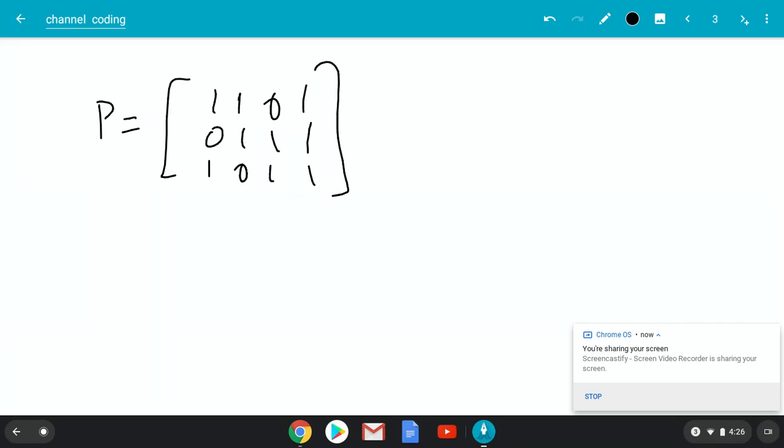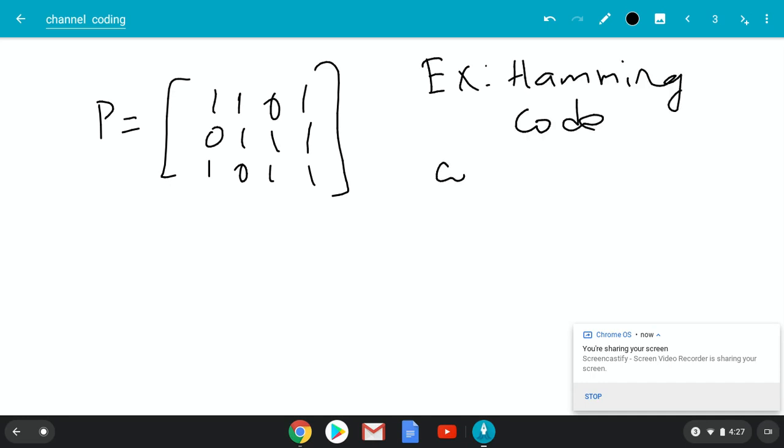Okay, so this is the parity generating matrix. And then we're doing an example for Hamming code, coding and decoding. Okay, so now let's look at coding.